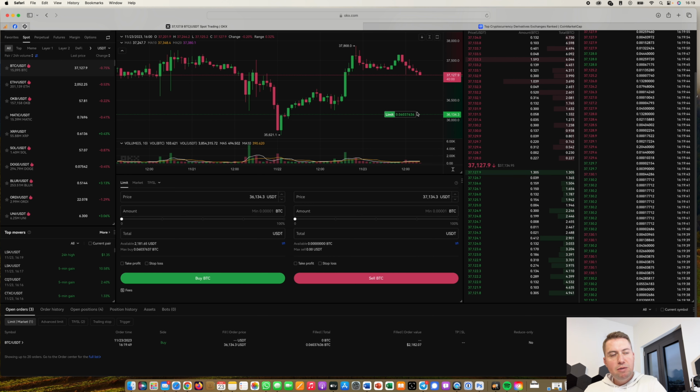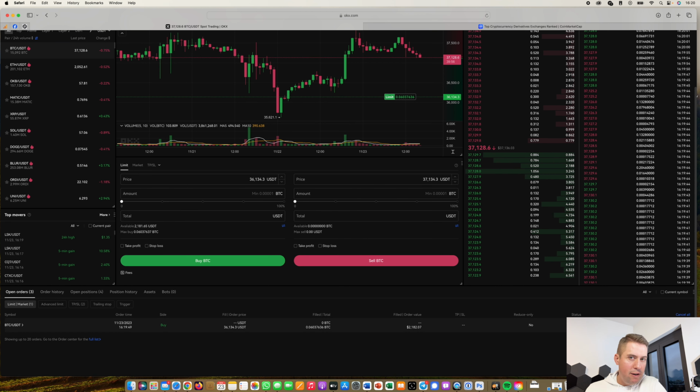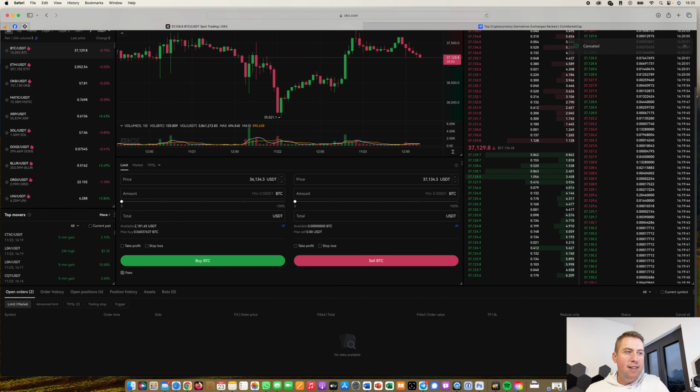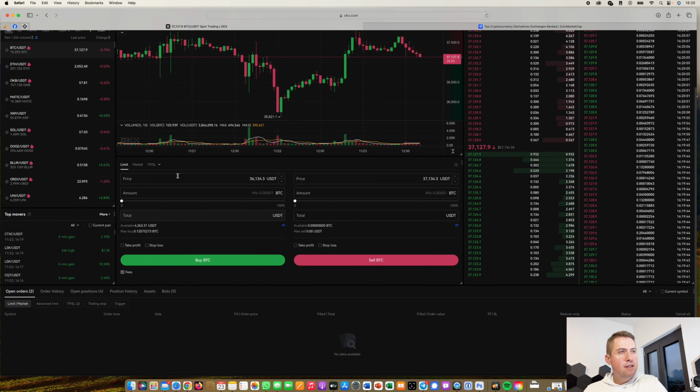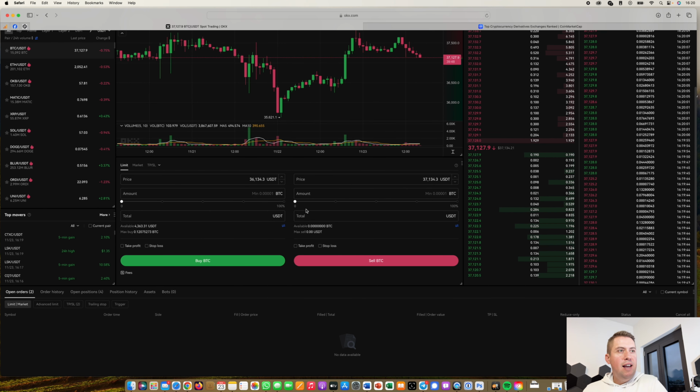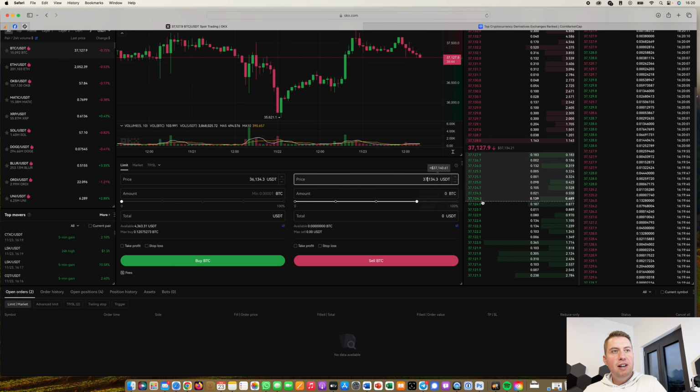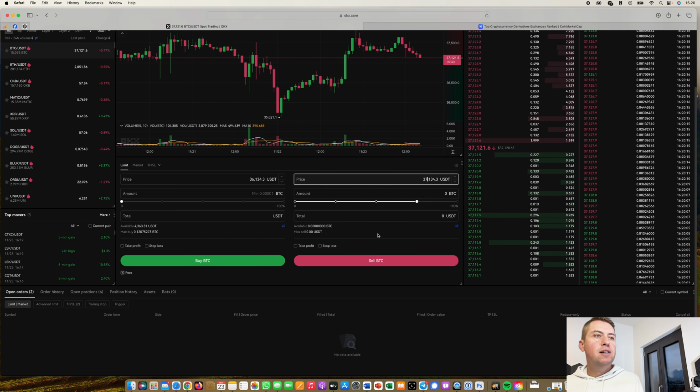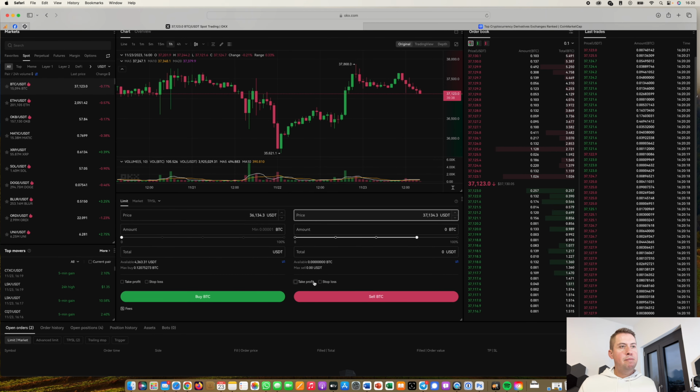If the price never drops to that level, the order will technically stay open forever. However, you can always cancel it manually. So that's basically a limit order. And it's the same if you want to sell. You can say, okay, I want to sell all my Bitcoin if the price goes up, for example, to 38,000 USDT. And that's basically it.